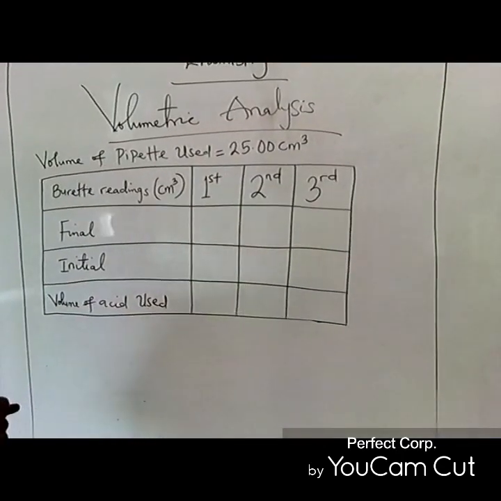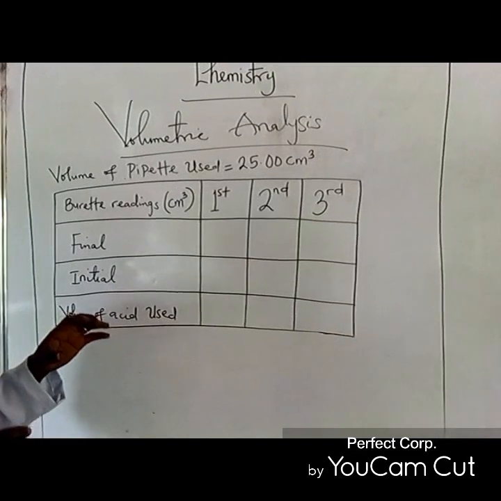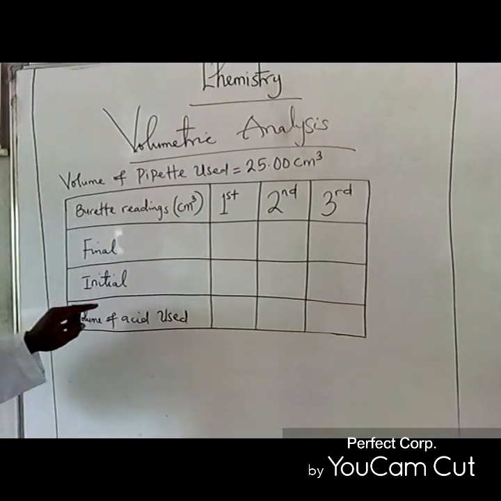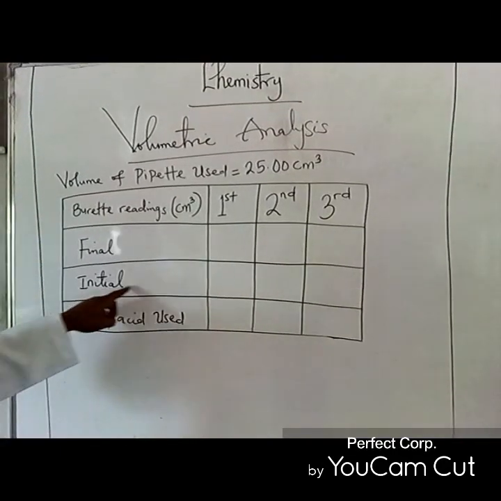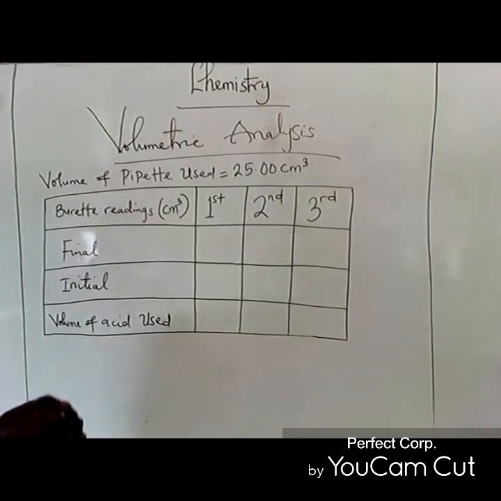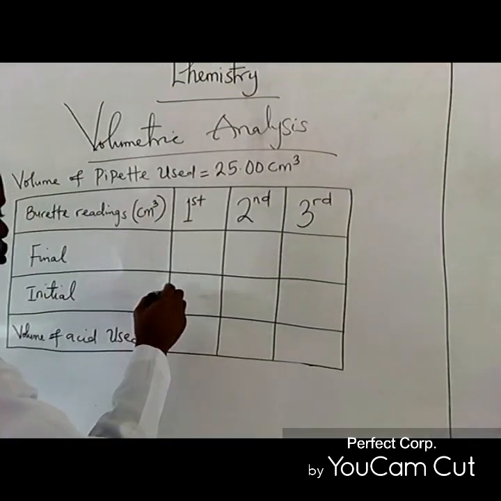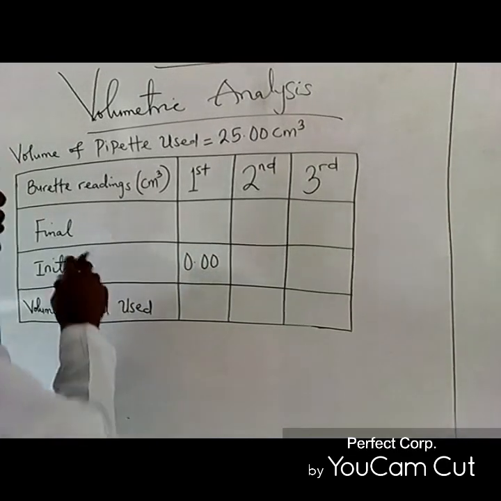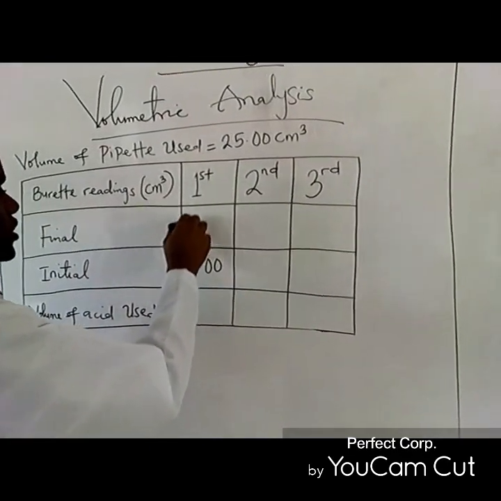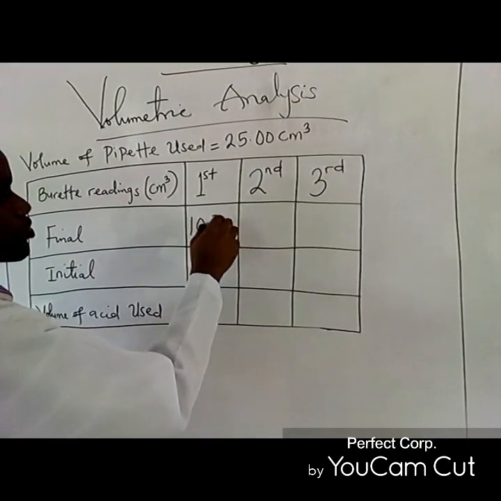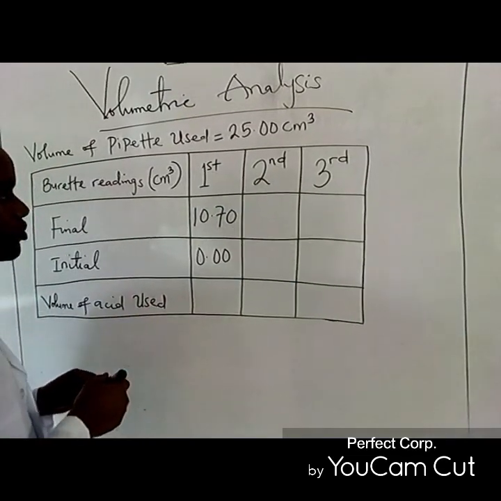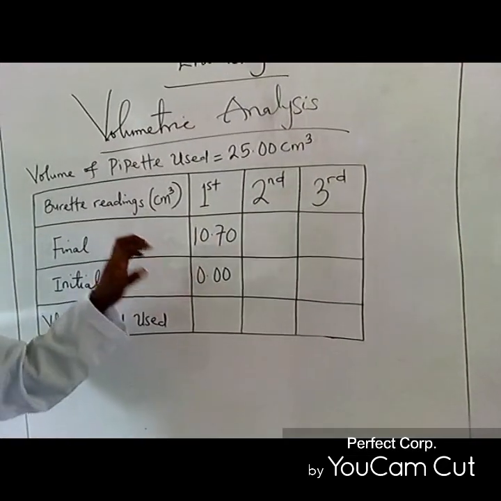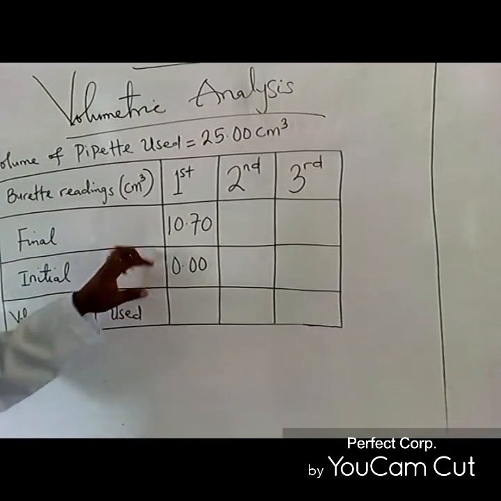Then please always take note when you want to fill the table. We started initially our initial reading for the first titre value from 0.00. Our final reading was 10.70. Please always allow your titre values to be in 2 decimal places.